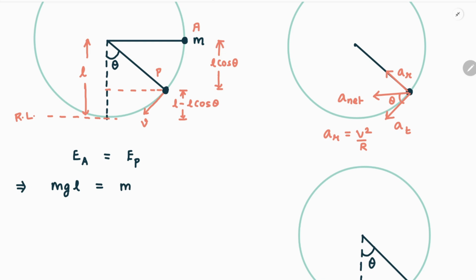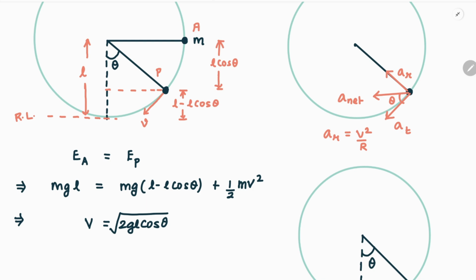Energy at P is equal to mg(L minus L cos theta), followed by kinetic energy, half mv square. At A, speed is 0, so there is no kinetic energy, and at point P there is kinetic energy, which is half mv square. If we solve this, mgL cancels out, so mgL cos theta equals half mv square, and then we can write v equals square root of 2gL cos theta, or simply v square equals 2gL cos theta.